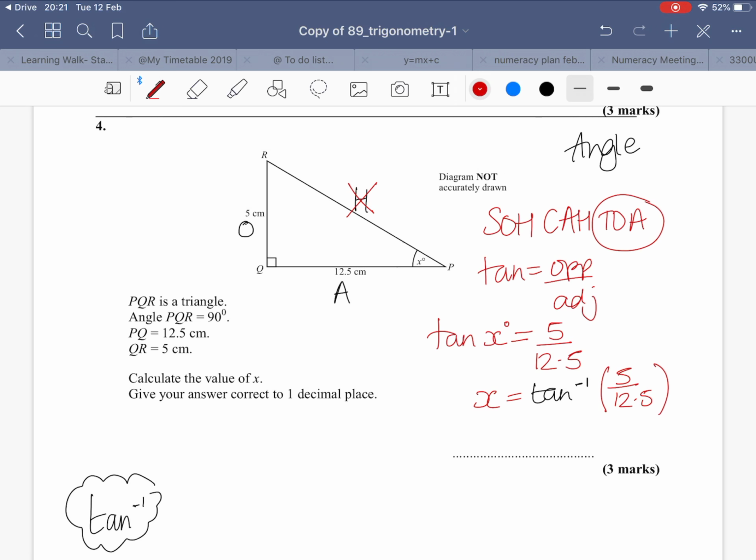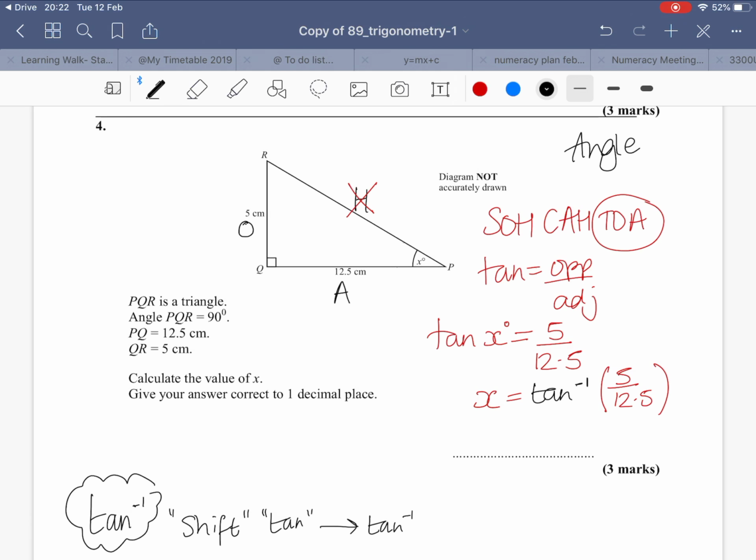To get tan to the minus 1 to come up on your calculator, you're going to need to press the shift key first to access the gold functions, and then press the tan key. And after you've done that, the display will show you tan to the minus 1. So shift, tan, the fraction needs to be put in so that you can put the 5 on the top and the 12.5 on the bottom, or you can use division.